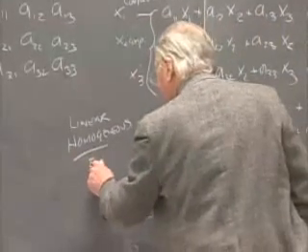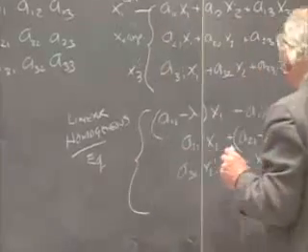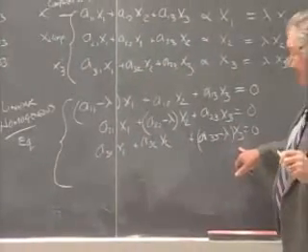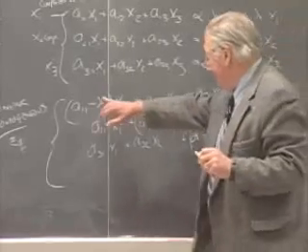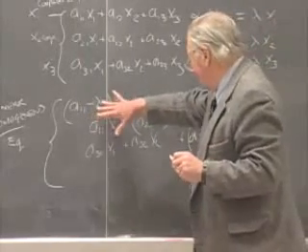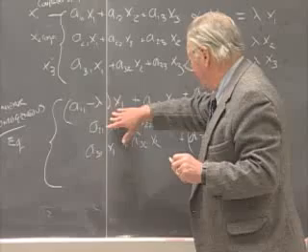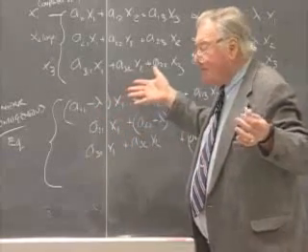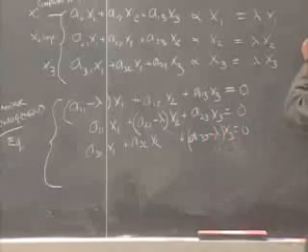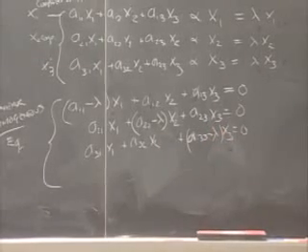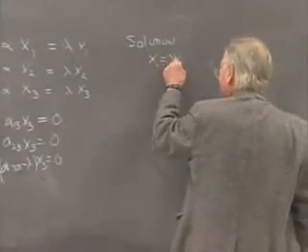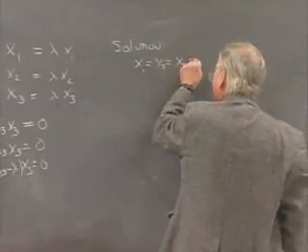And that has solved our problem for us. All we have to do is solve for x1, x2, x3. Except that if the 9 coefficients aij are all arbitrary and lambda is a constant, this set of equations has only one solution. And that solution is x1 equals x2 equals x3 equals 0.